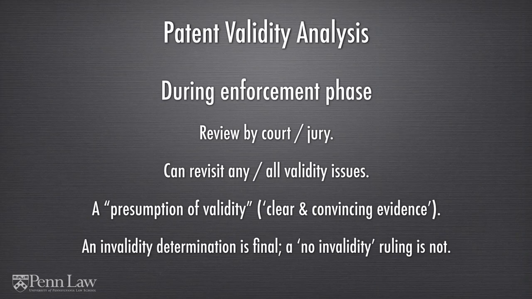A determination of no invalidity is not final, which means that even if I successfully defend my patent during one litigation, the next time I litigate, that patent can be attacked again, often for the same exact issues. So in some sense, patentees have to continuously defend their patent as part of getting the rights enforced in the marketplace.